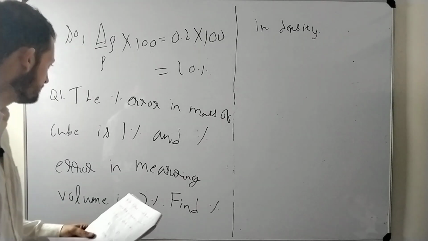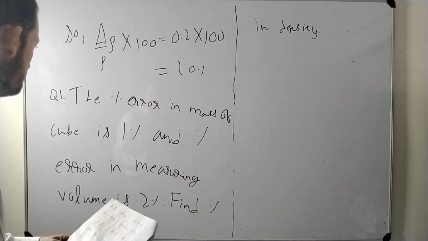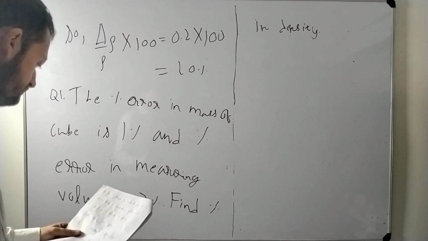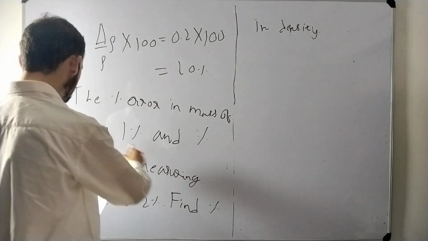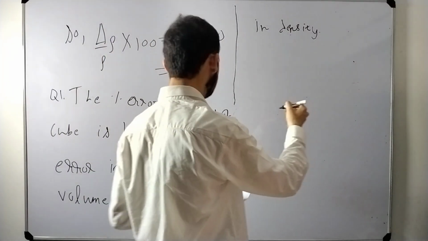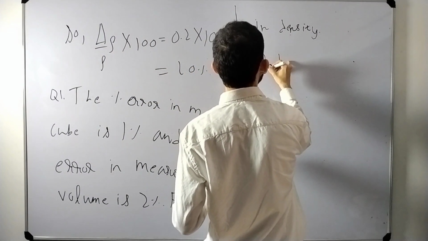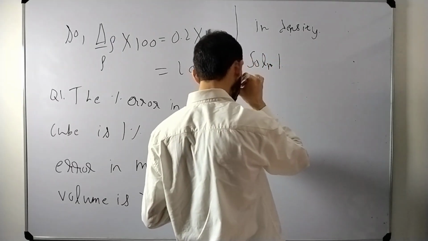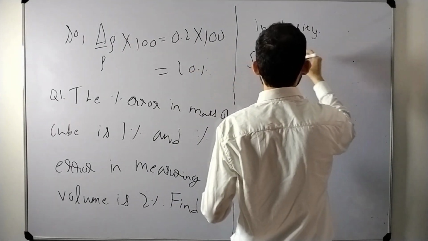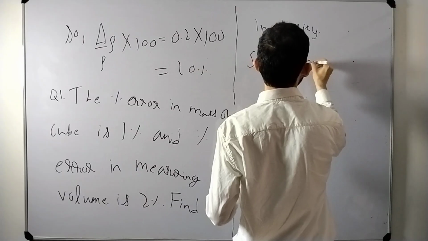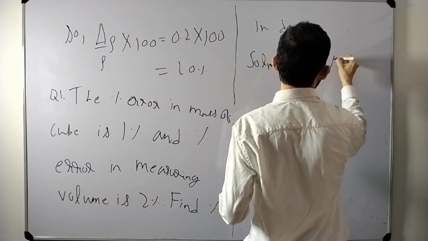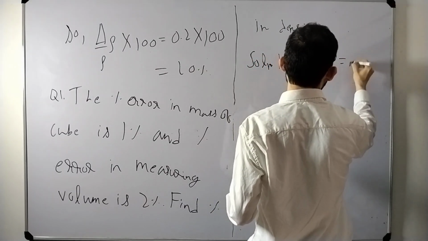Something wrong, students? The percent error is 1%. Percent error, yes, percent error. It is fine. Solution. So here again, rho is what, students?